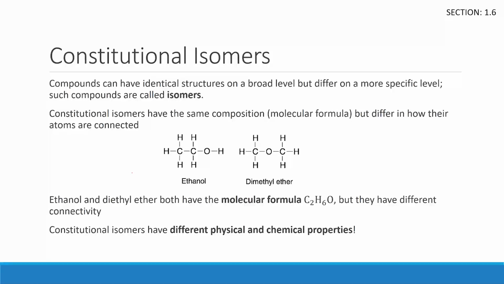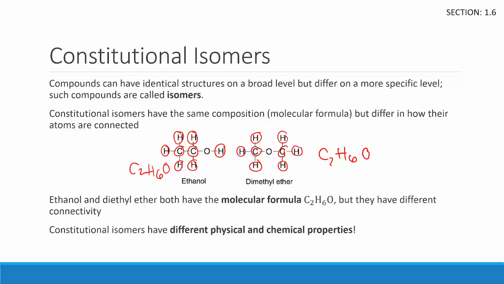So here's an example, ethanol and dimethyl ether. If you actually write out their molecular formula, if we count everything, you can see ethanol has 2 carbons, C2. It has 1, 2, 3, 4, 5, 6 hydrogens, H6, and it has an oxygen. And dimethyl ether, 2 carbons, 1, 2, 3, 4, 5, 6 hydrogens, and an oxygen.